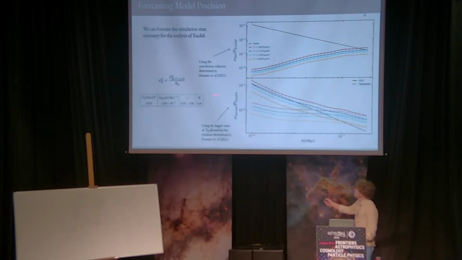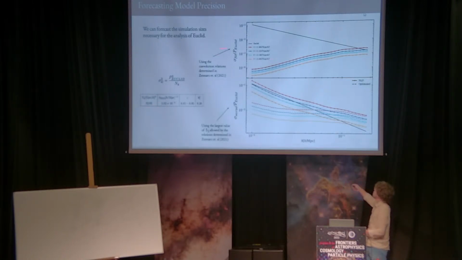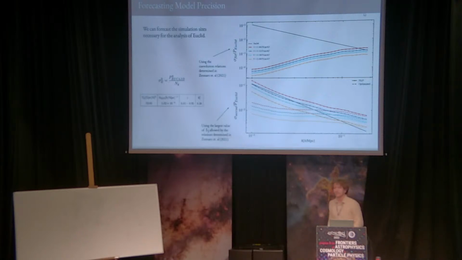So this is very useful because let's say we want to model Euclid, for example, which has this volume. If we were to build this model from usual simulations, we would have to run at least a simulation as large as that to have the error in our model under control and beneath the error in Euclid.